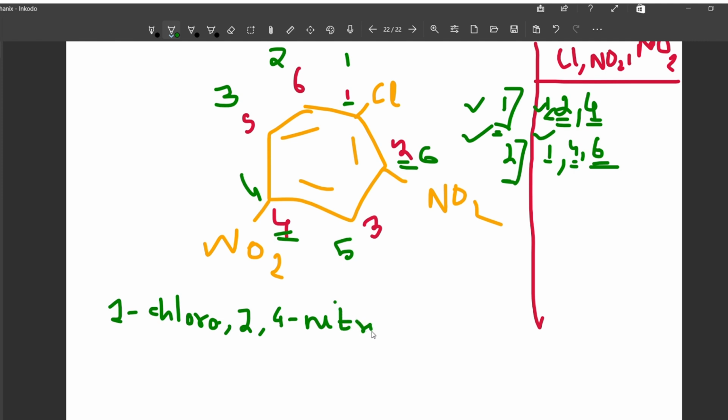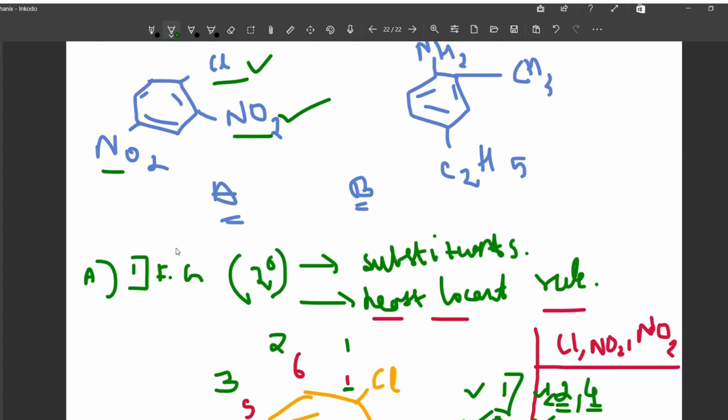The main chain is the benzene ring, of course, right? So instead of the alkane, we're going to write benzene here. And this will be the IUPAC naming for the first one, that's compound A.